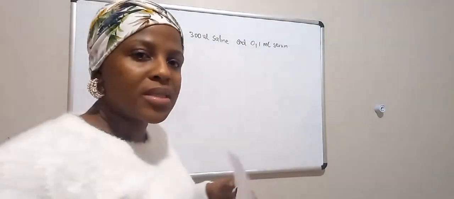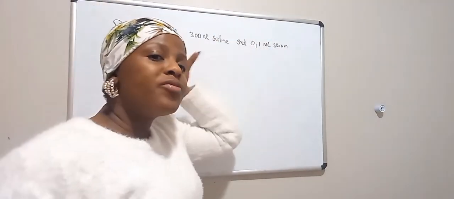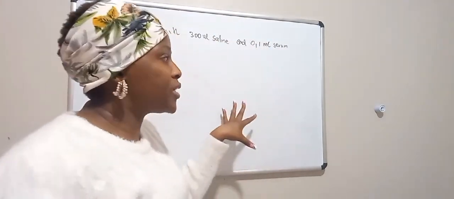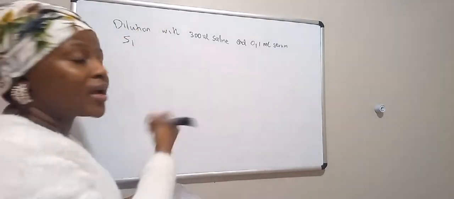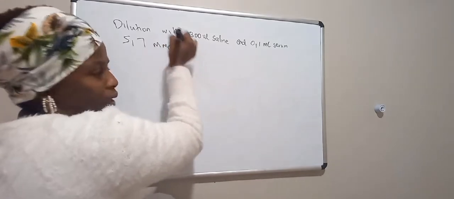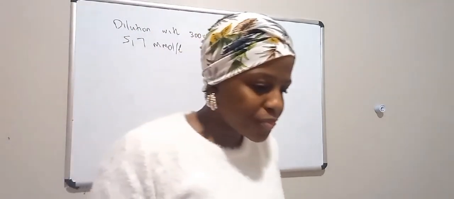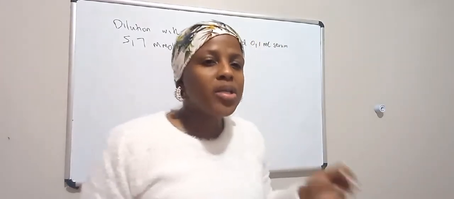So it means this dilution was run on an instrument for urea, and the value that was obtained was 5.7 millimoles per liter. So now the question is, what is the final result?